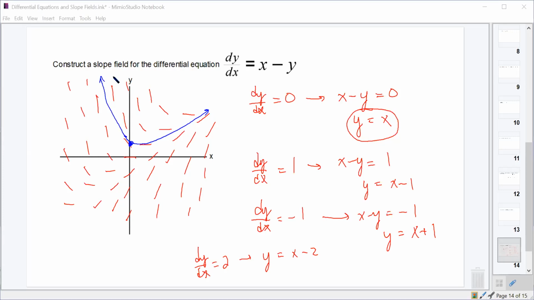Or we might pick one, let's say down here, in which case it would get a little less steep as it would eventually approach a slope of 1 up here. And down here it would become very steep. Good or no? Good. Anybody have any questions on how we made that slope field?